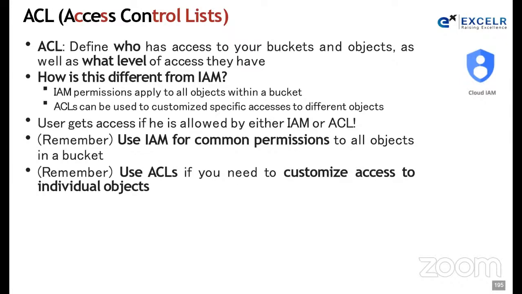It defines how you access your buckets and objects within a particular resource. And how is this different from IAM? IAM permissions are applied to the objects within the bucket, and ACL can be used to customize specific access to the different objects. A user gets access if he is allowed by either IAM or ACL.